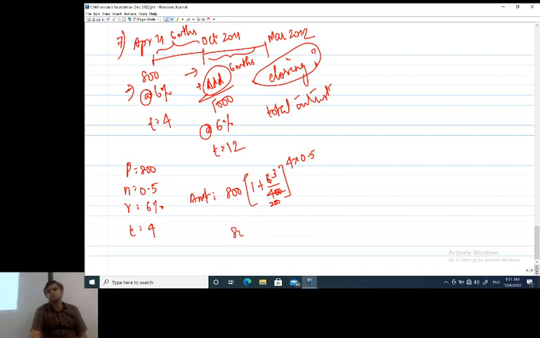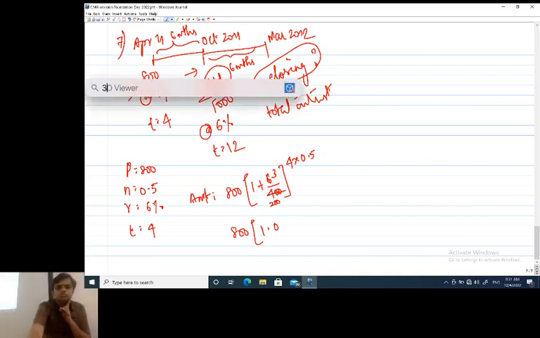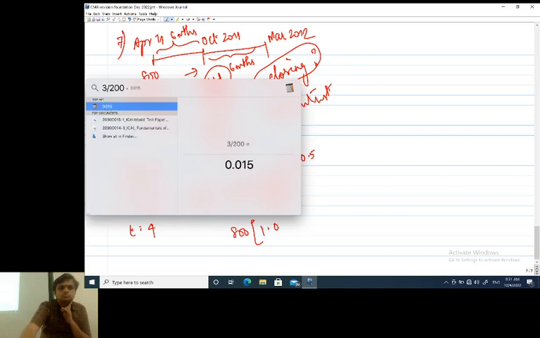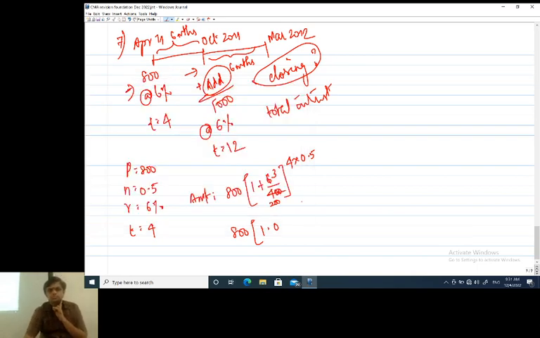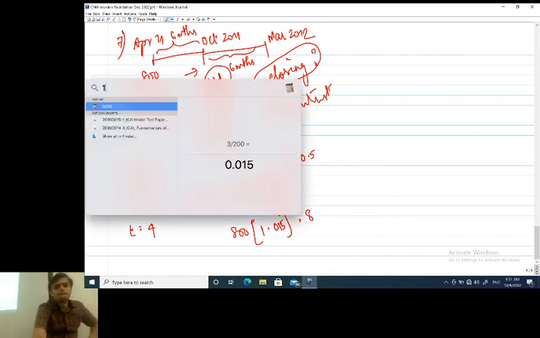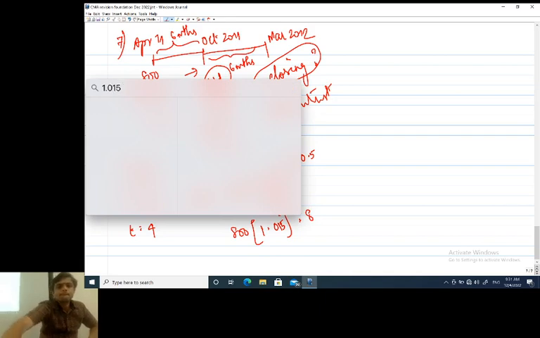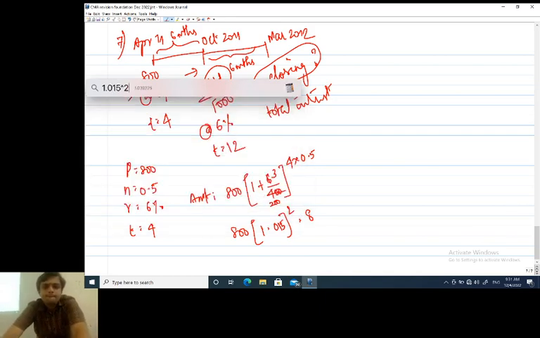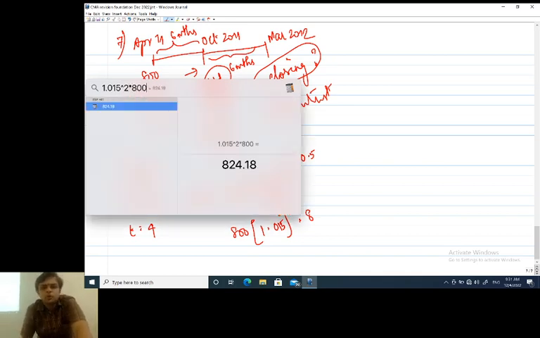What do you get? 800 into 1 point. Tell me this fraction, 3 by 200. What do you get? 824.18.